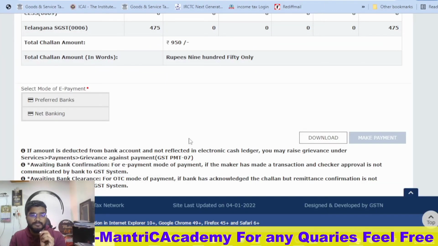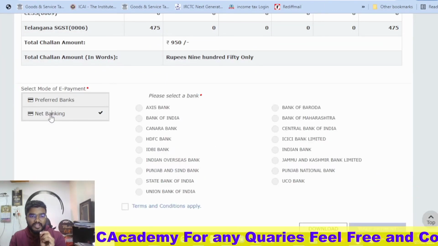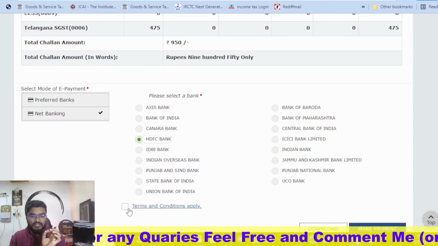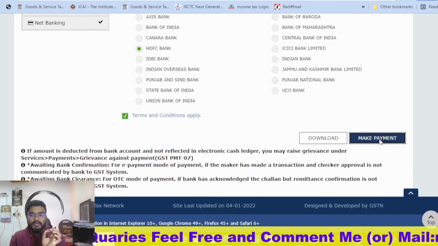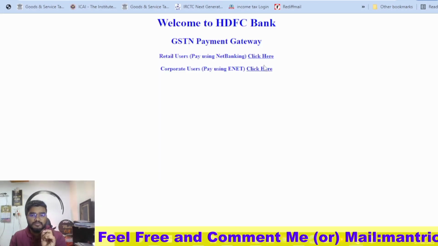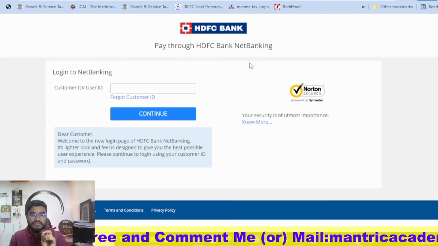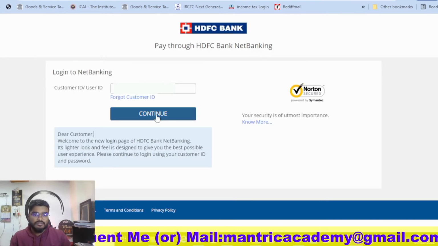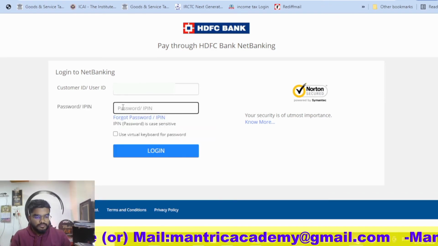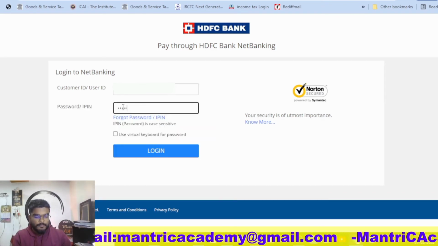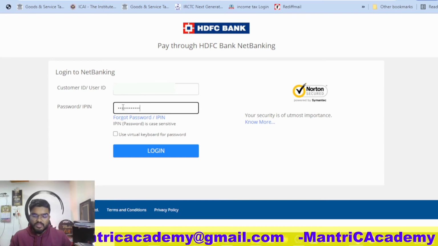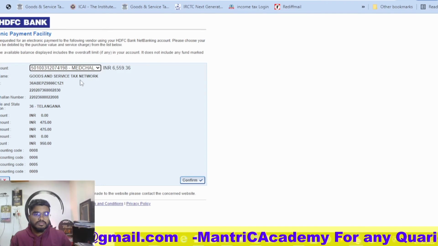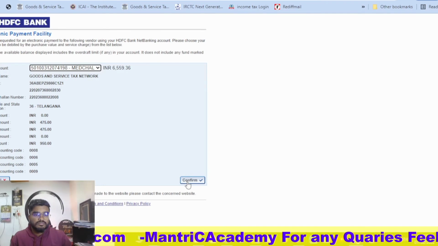Generate the summary. Select the bank where you have a net banking user ID and password. I have HDFC. Agree and make payment. After entering the password, confirm.